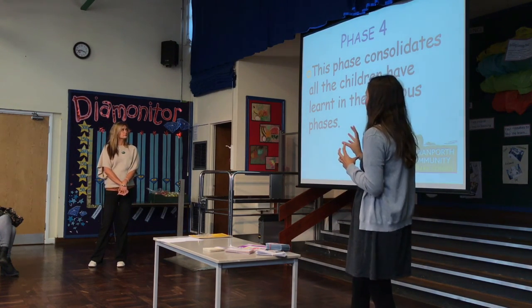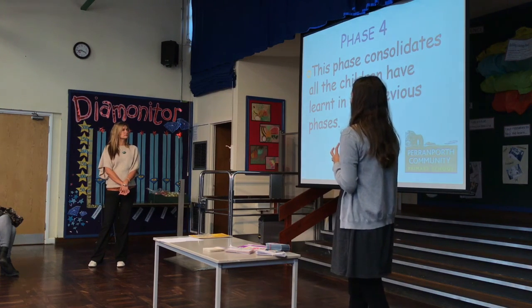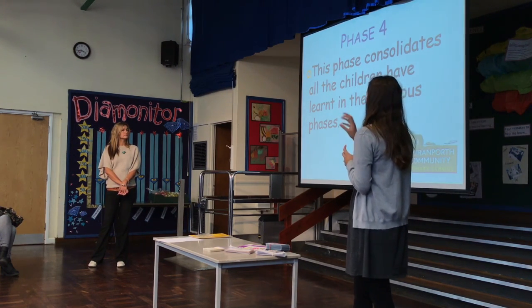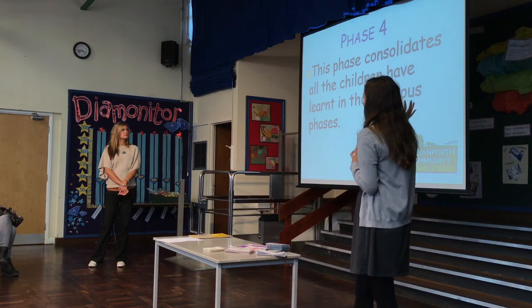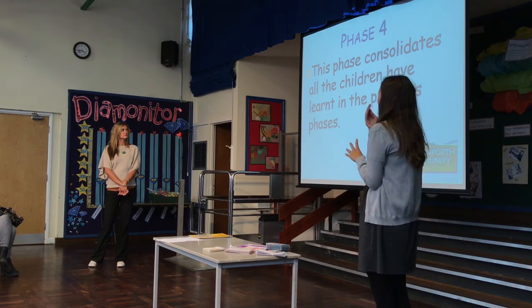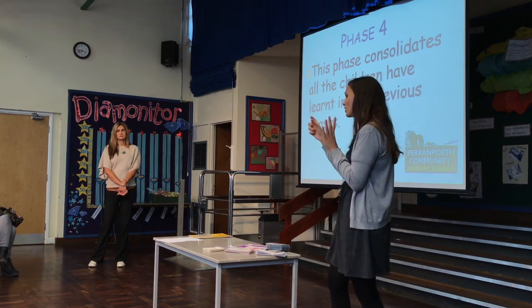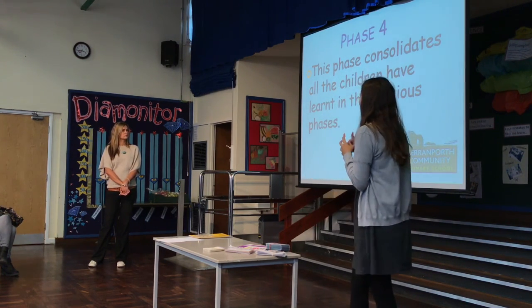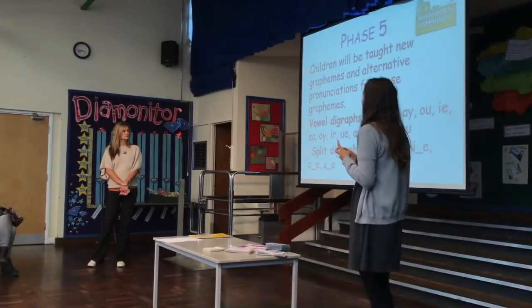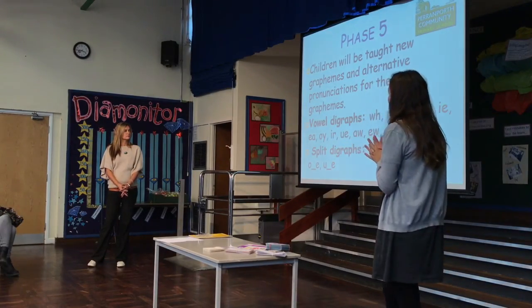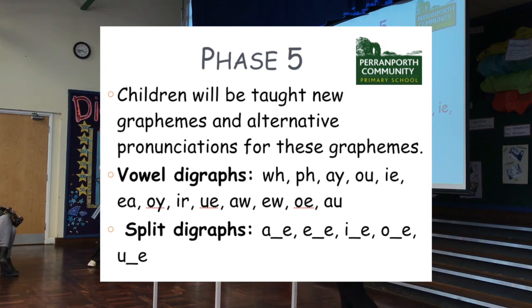Once we've learnt all of the phase 3 phonemes, then we move on to phase 4. And in phase 4 again, we're just practicing our segmenting and blending with perhaps longer words than they've seen before in the previous phases. Phase 5 is again in year 1, and that's where we learn that a phoneme can be written down in different ways by a grapheme.